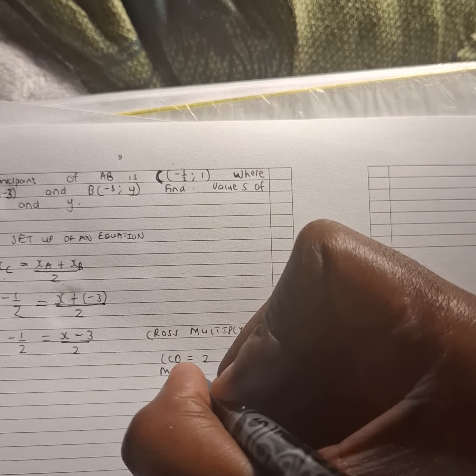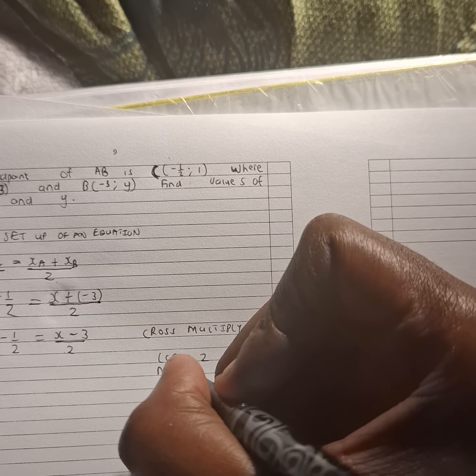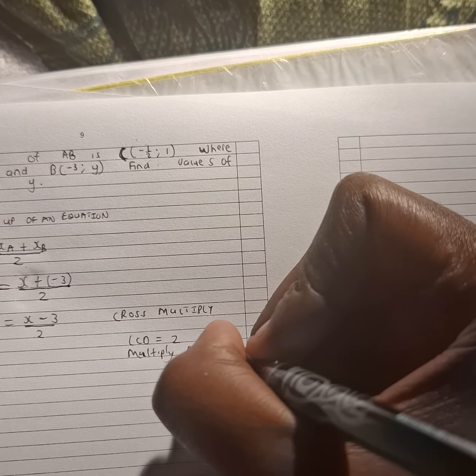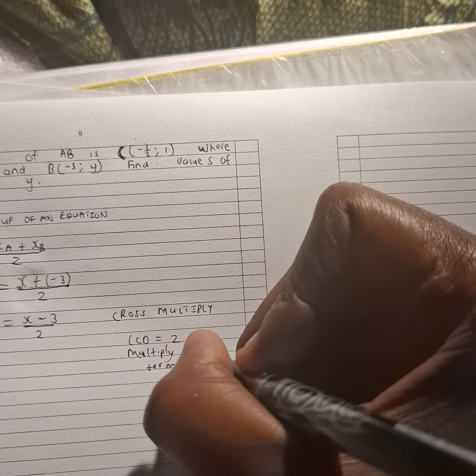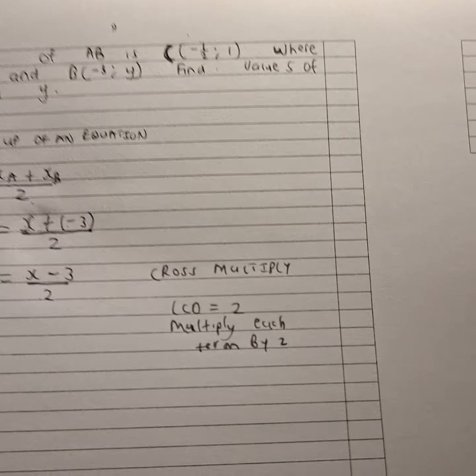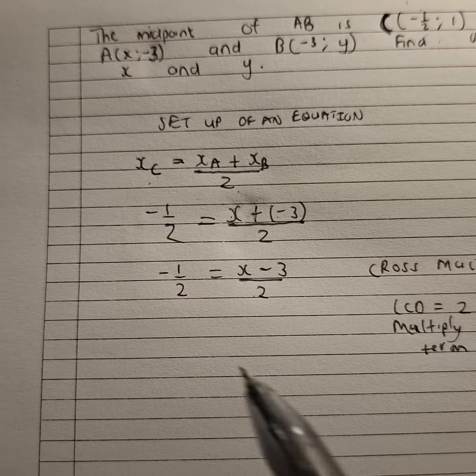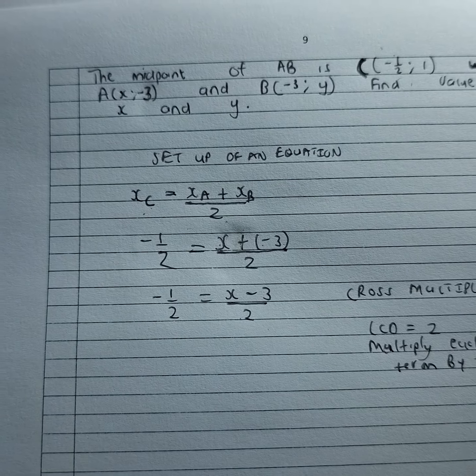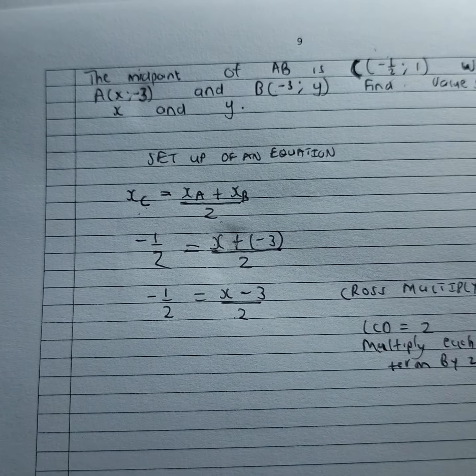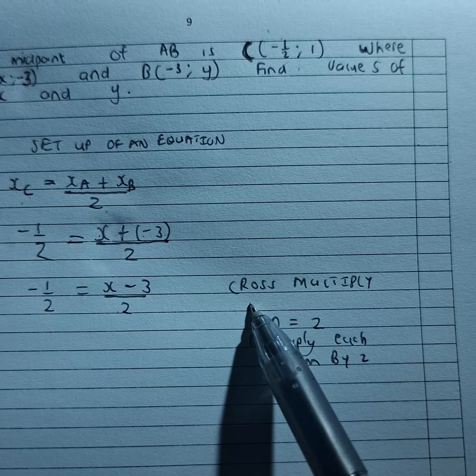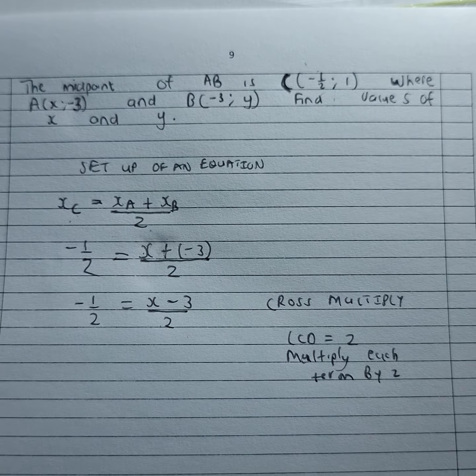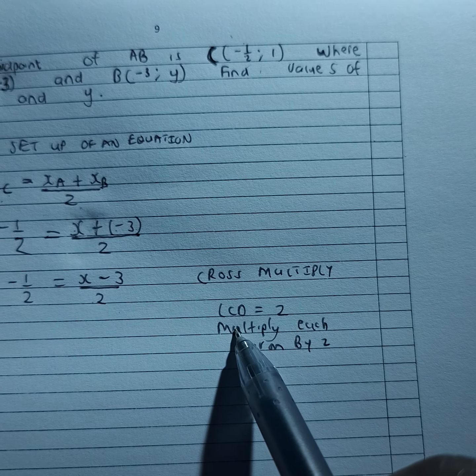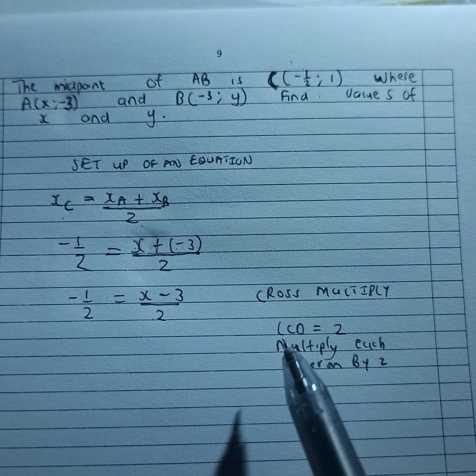It means we eliminate the denominator by multiplying each term by 2. Now we are applying what we have learned in term 1 to solve this linear equation which has fractions. Cross multiplying is just a shortcut: identify the LCD, and multiply each term by the LCD.